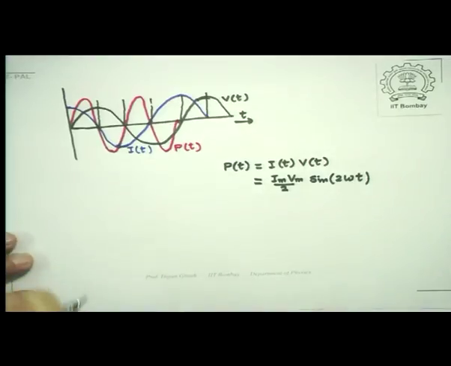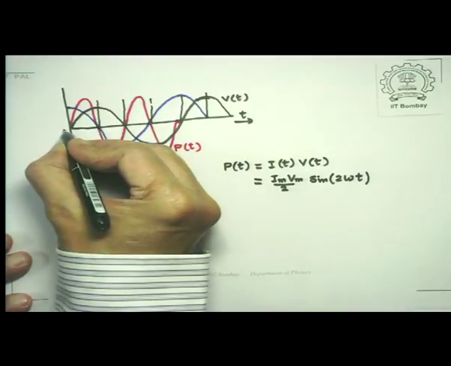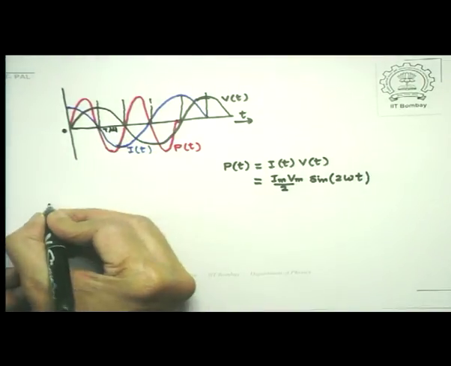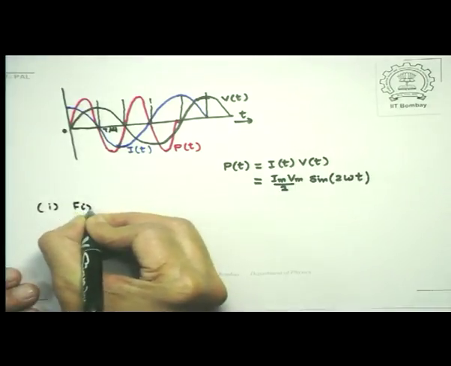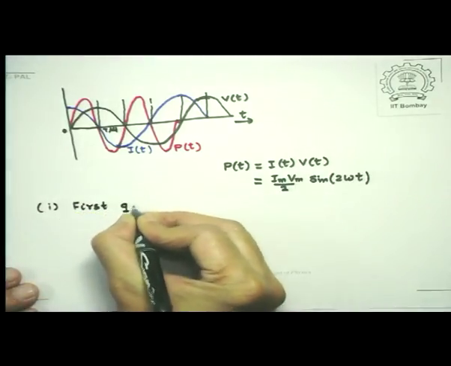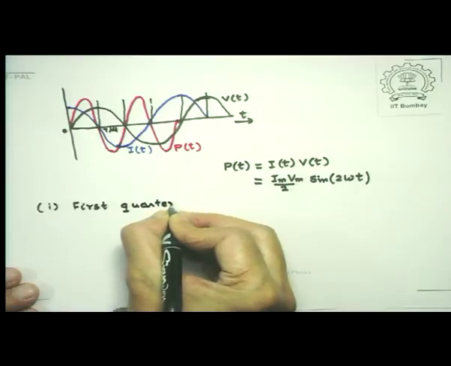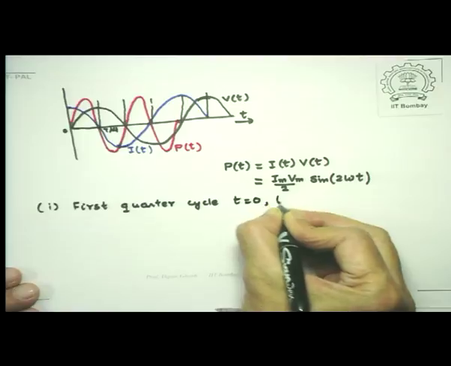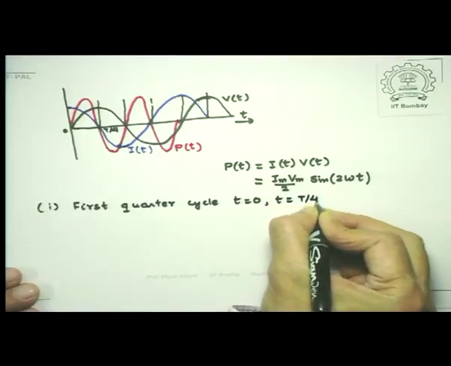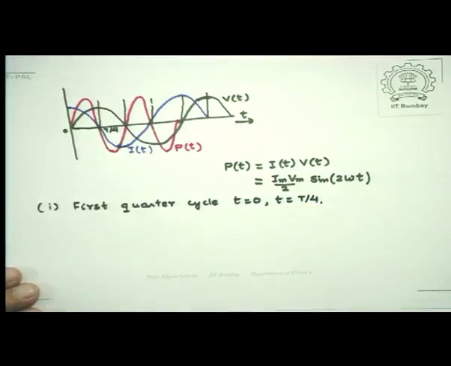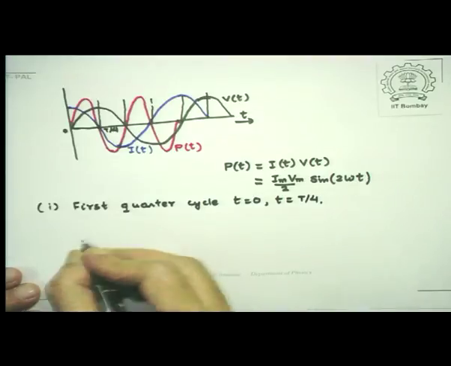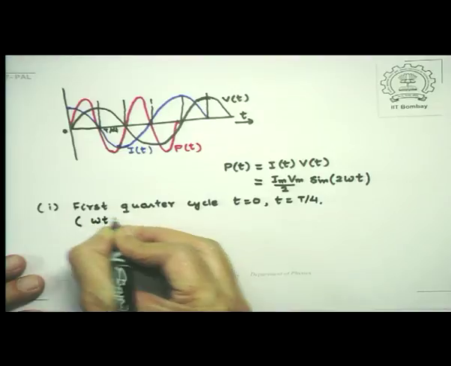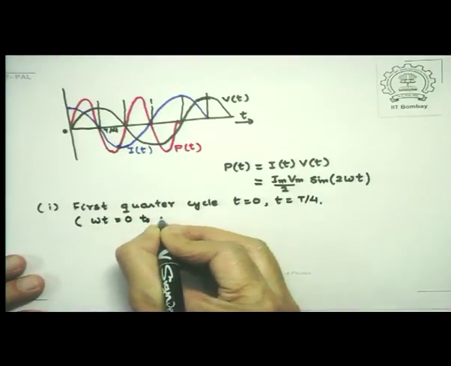And in the first quarter cycle, that is from t equal to 0 to t equal to T by 4, you notice both current and voltage are positive, and so this implies that we are talking about omega t equal to 0 to pi by 2.